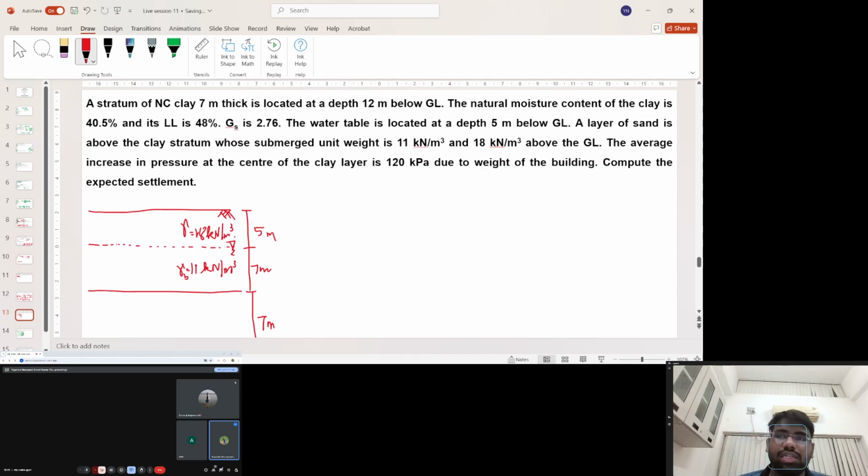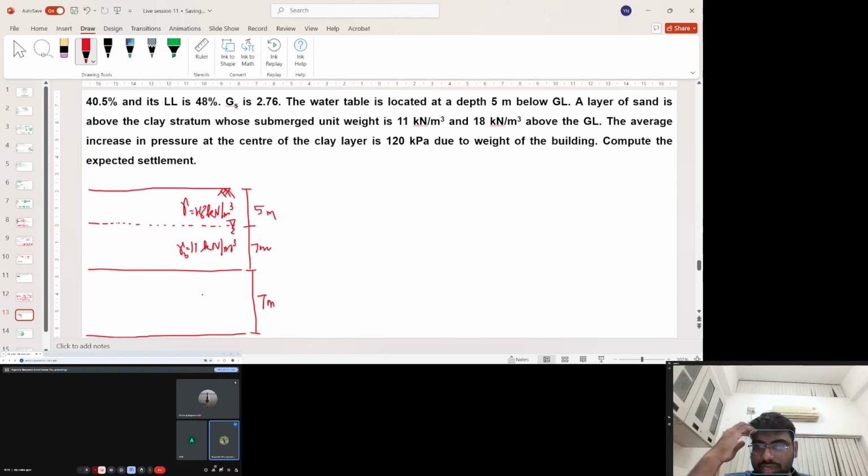Gamma W you can take it as 10. Okay. Now here they have given G is 2.76 and water content is 40.5%. Right. Now delta sigma dash is 120 kPa.